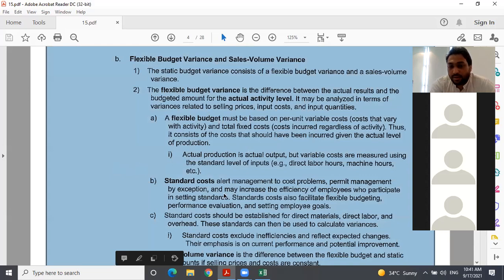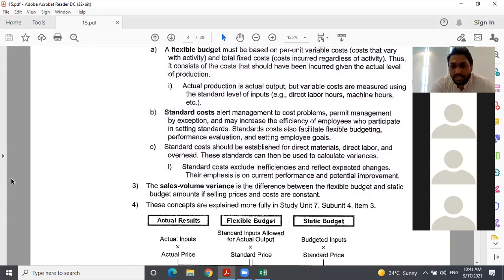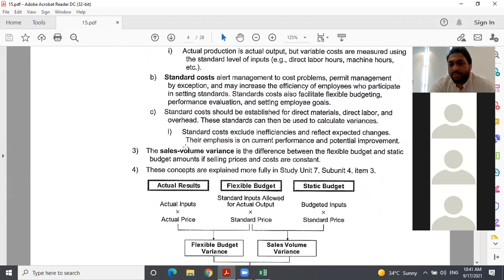Then, standard cost. Standard cost alerts management to cost problems, permits management by exception, and may increase the efficiency of employees who participate in setting standards. Standard costs also facilitate flexible budgeting, performance evaluation, and setting employee goals. Standard costs should be established for direct material, direct labor, and overhead.